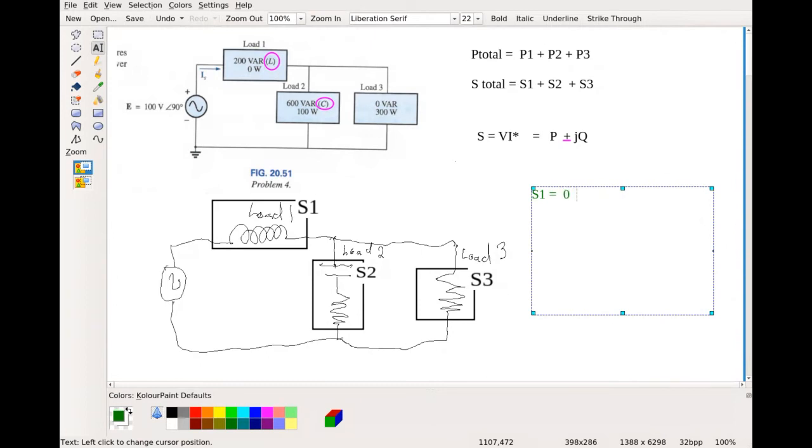S1 was given as 0 plus j200. S2 is given as 100 minus j600. And S3 is given as 300 plus j0. I'll spread them out a little bit to make it easier to read.